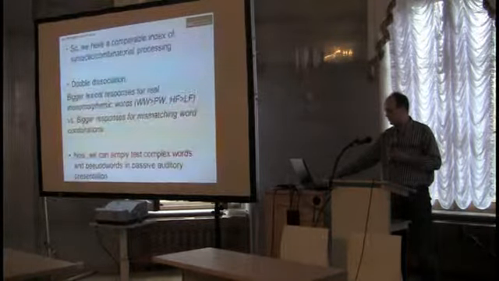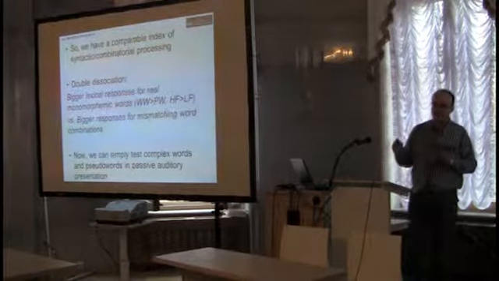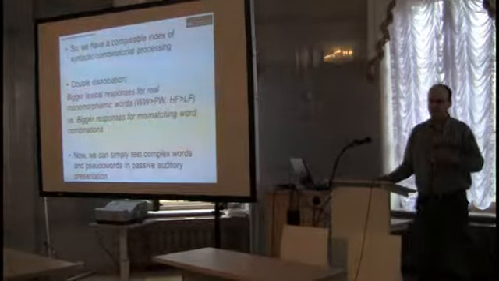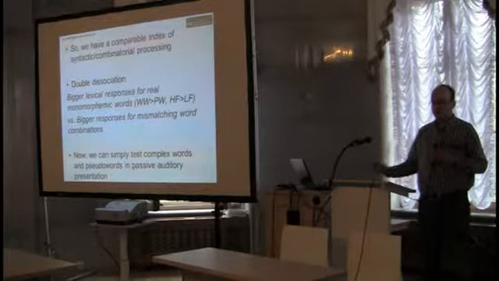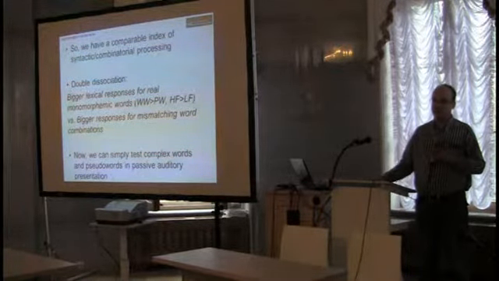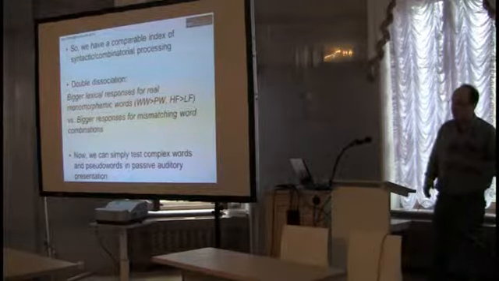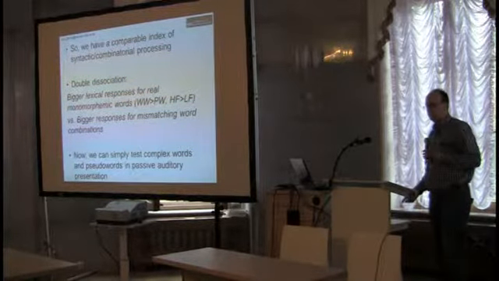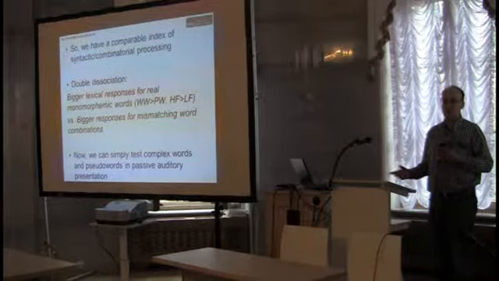Well, I've shown all this, I'll just skip over this. So it's a comparable index. We can get the same thing in the same task, but it shows the opposite pattern. Familiar word, larger response than unfamiliar, unknown pseudo word. An incongruous combination of two items in a syntactic context, larger response than congruous combination.